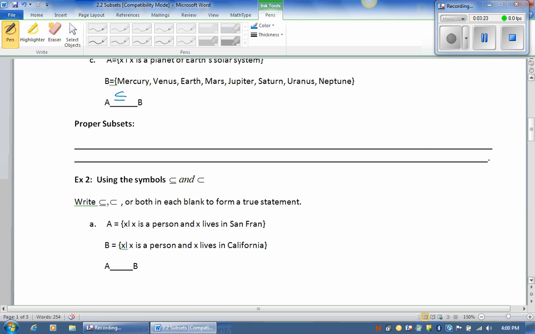So how we write it out is we say that set A is a proper subset. That's the vocab word, right?